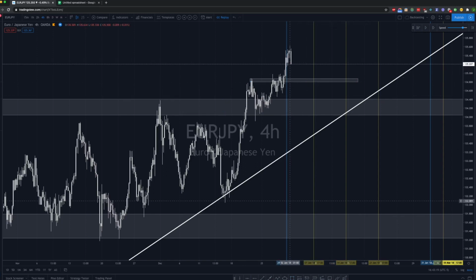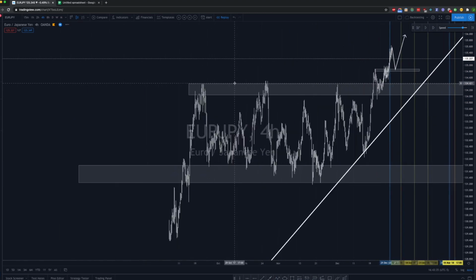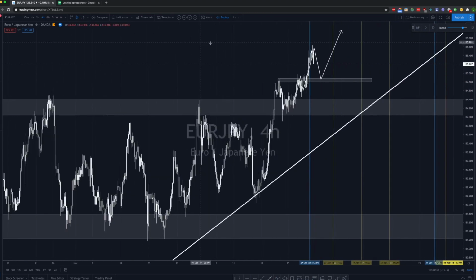So what I'll be looking for from here is, we had this nice move like this, right? So if price comes back into this level, then we could probably look for a push like that, right? So let's see how things play out here.